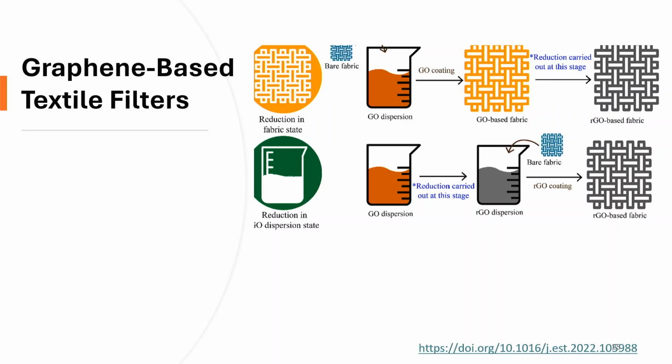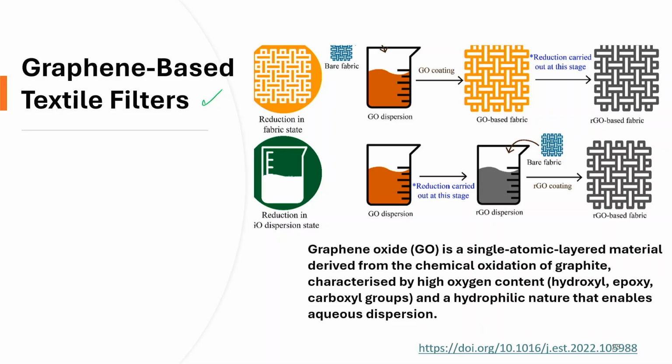Next is the graphene-based textile filter, which is used for both air and water filtration. Here you can see the graphene oxide dispersion. We can adopt two processes: one is reduction at the fabric stage, and also we can do reduction at the dispersion stage.